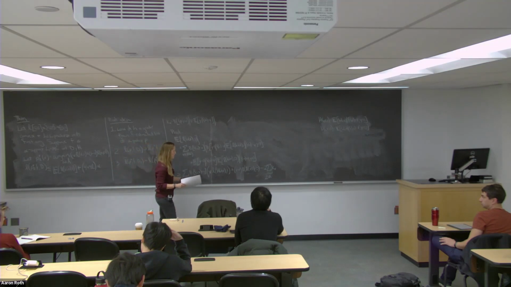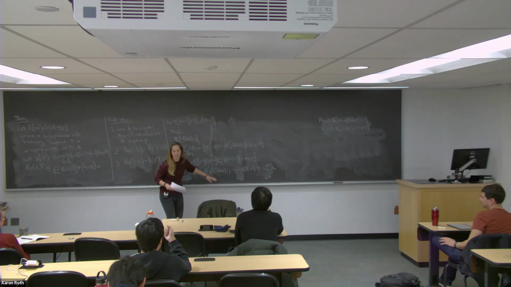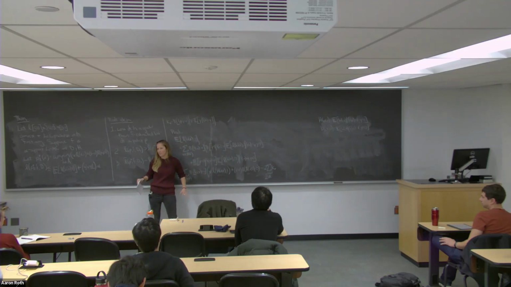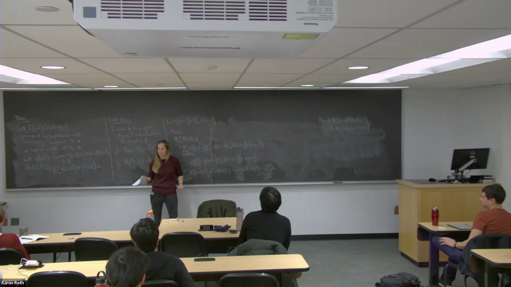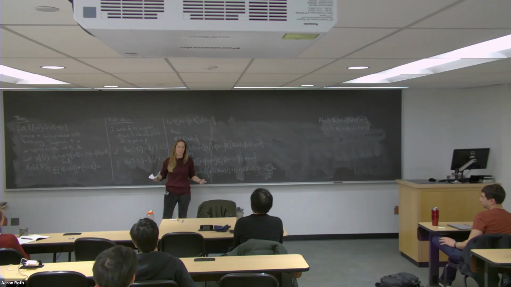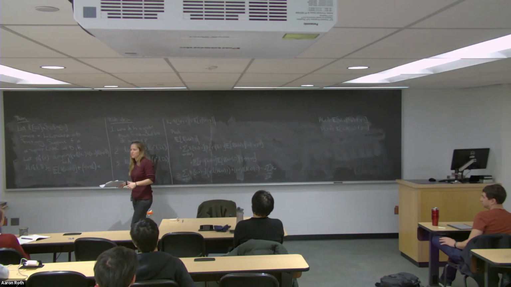But some stuff is still not quite right about this so far. We know that these two things are close, but that doesn't tell us anything about the loss. We don't know that it doesn't perturb our loss too much, except for the fact that we specified the loss has to be Lipschitz as well.